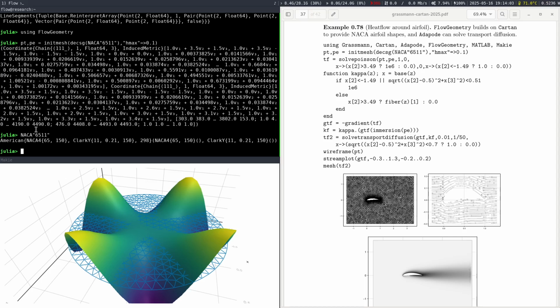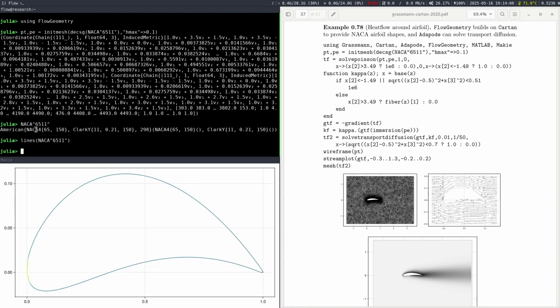I believe, yeah, that'll give you the lines of the airfoil.